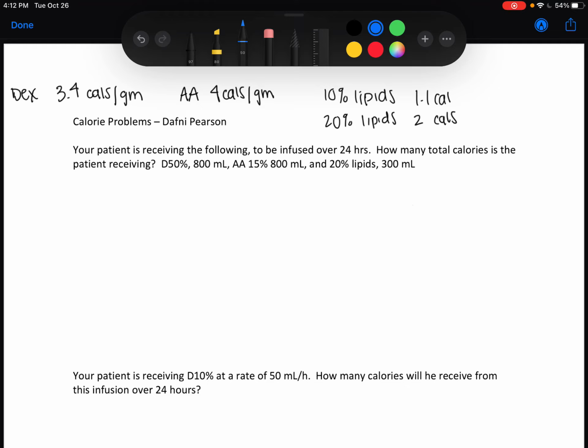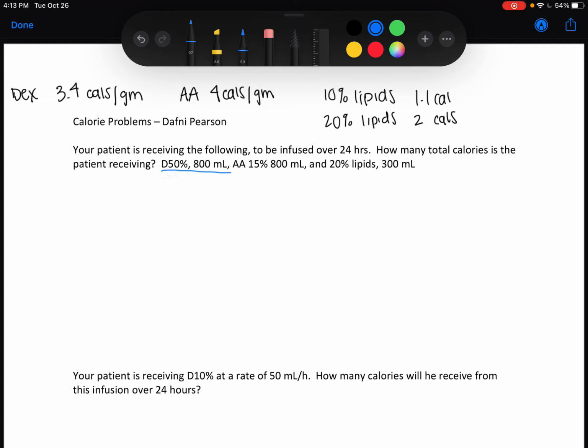So I'm going to start out with our sugars, and it is D50 at 800 mils. When we look at D50, when we see 50%, that means there's 50 grams per 100 mils.